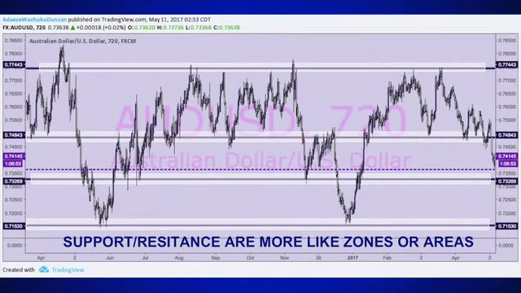Something else you want to keep in mind in regards to support and resistance zones: they're not like this perfect little line that you draw where price has to come and touch it. They're more like zones or broad areas. The reason I have them drawn as zones is because not everybody is going to be looking at the exact same place, but they're all going to be looking around the same area.